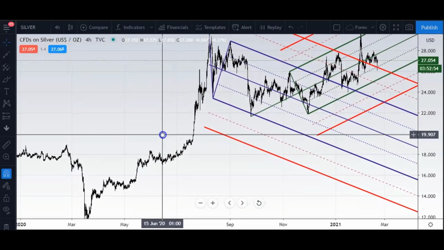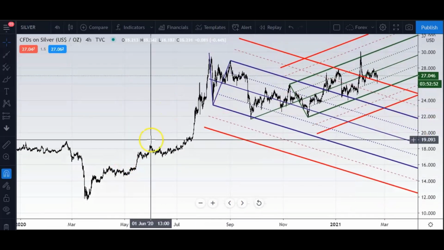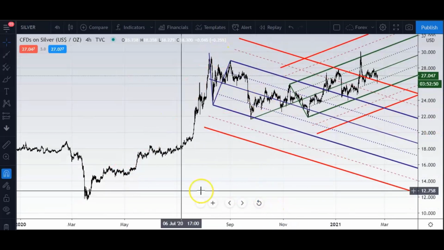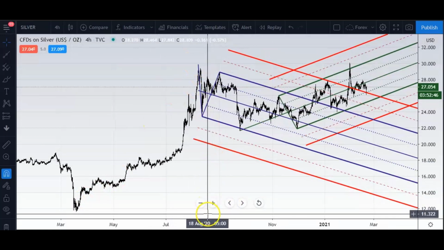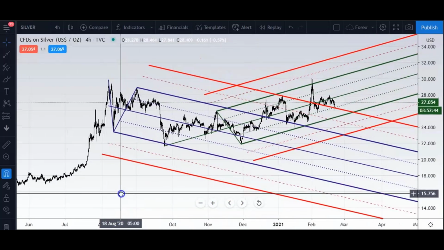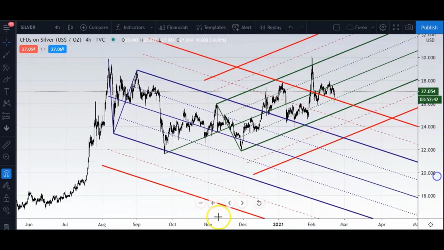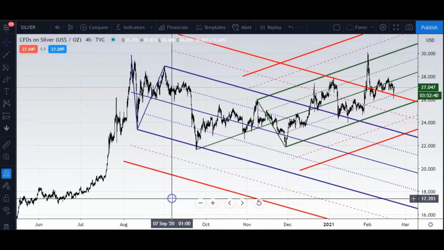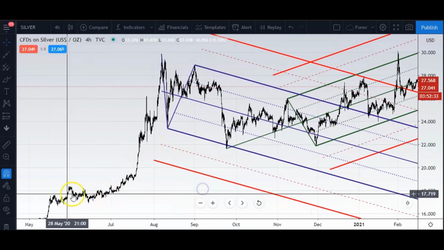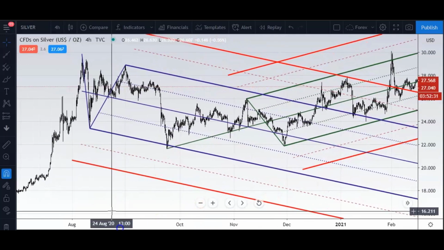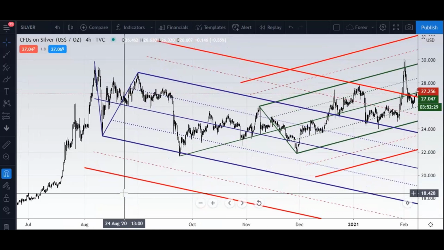So the first step, as you've probably seen from my previous videos, is to try to find the end of corrections. What happened prior to this? It was a strong uptrend. So the first thing you should always try to do after a one-directional move or clear trend is to assume that when price is moving opposite to what the main trend is doing, in this case upwards, you're most likely dealing with a correction.